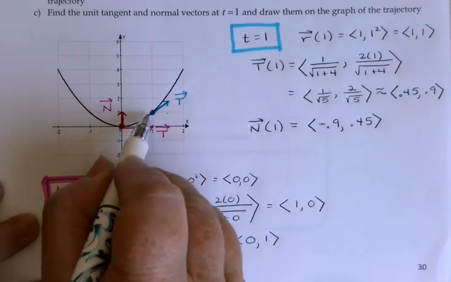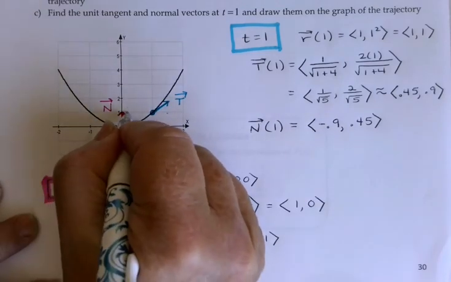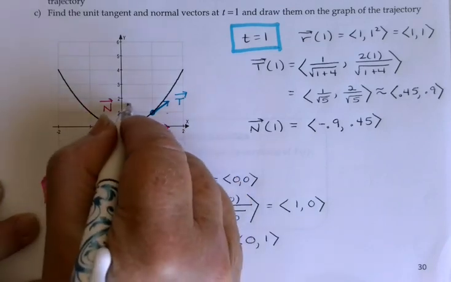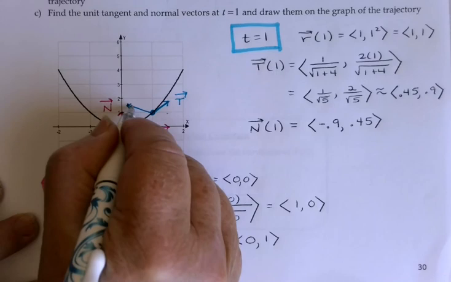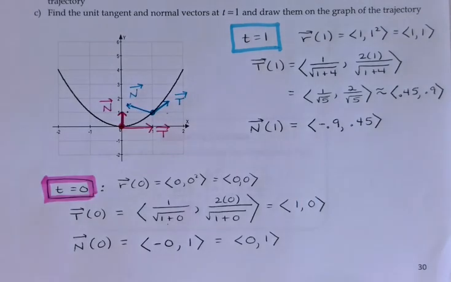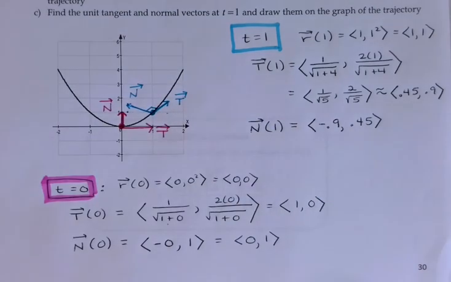To graph this starting from the point 1, 1, I would go to the left 0.9 and up 0.45, maybe about there. And that would be the n. And again, these are actually perpendicular, and if I had been smart enough to give us a square grid to graph on, we would have seen that a lot better, so my apologies for that one.